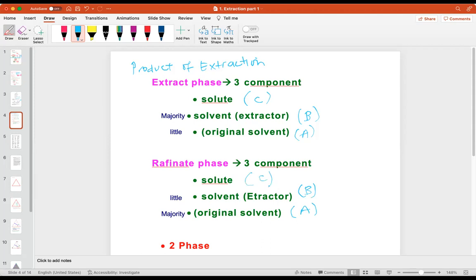So the equilibrium will contain two phases, the extract phase and the raffinate phase, and each phase will contain three components. It's not difficult, but you need more understanding about this one.